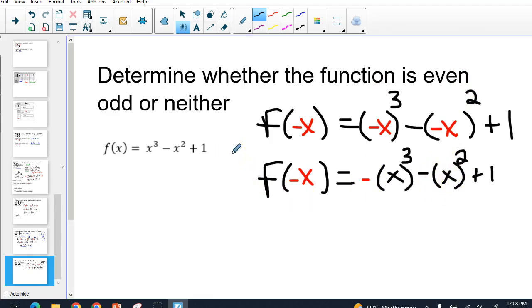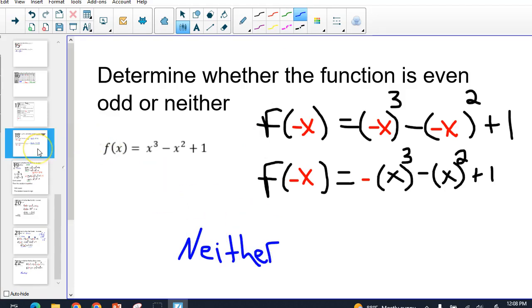So notice something. Not all of the signs changed, and not all the signs stayed the same. So this is going to be neither, because neither of our patterns came out.